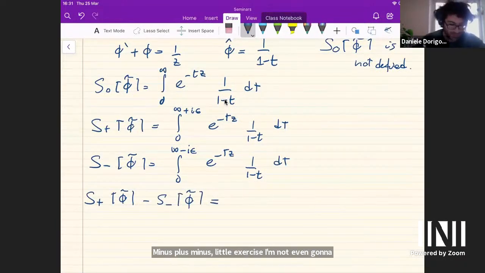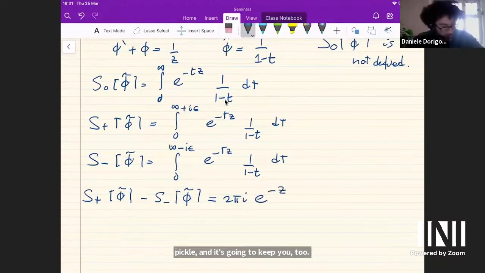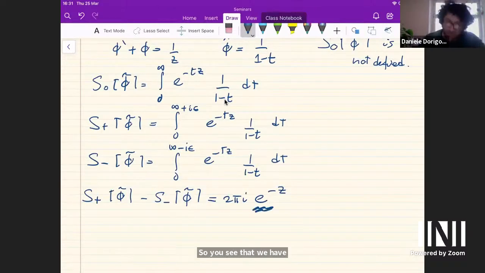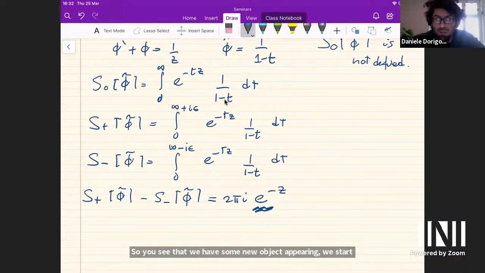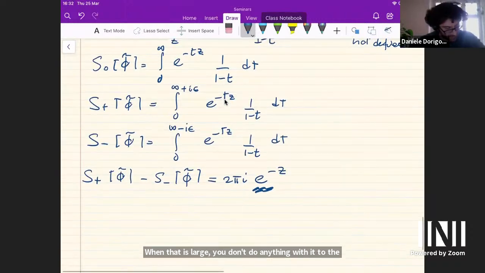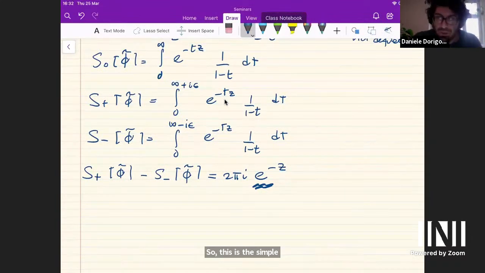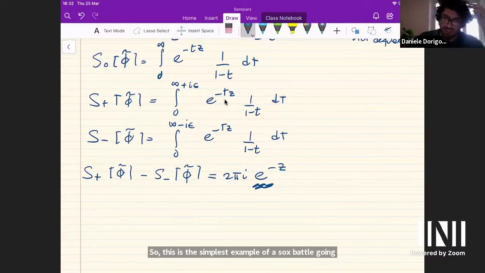This is just a contour integral, and it's going to give you 2 pi i e to the minus z. So you see that we have some new object appearing. We started with formal power series, and e to the minus z is a new beast altogether. When z is large, you don't do anything with e to the minus z. You just keep it like that, and you leave it forever. So this is the simplest example of a Stokes phenomenon in this case. Well, I shouldn't really call it Stokes phenomenon at this stage.